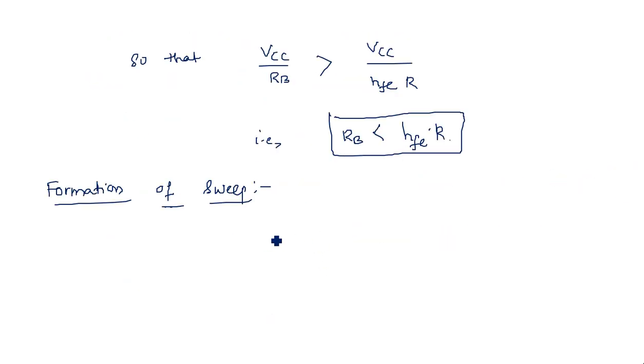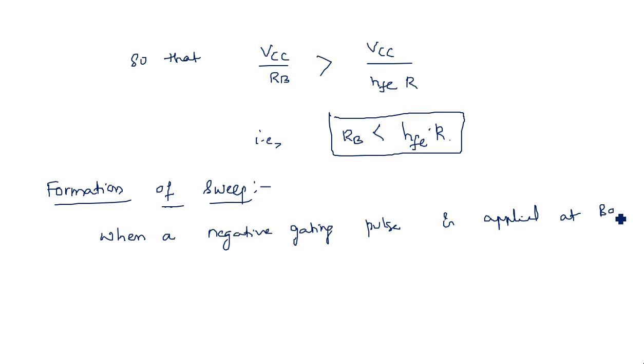Then the sweep starts. So when a negative gating pulse is applied at the base of Q1, then Q1 goes into off state, so the capacitor charges.